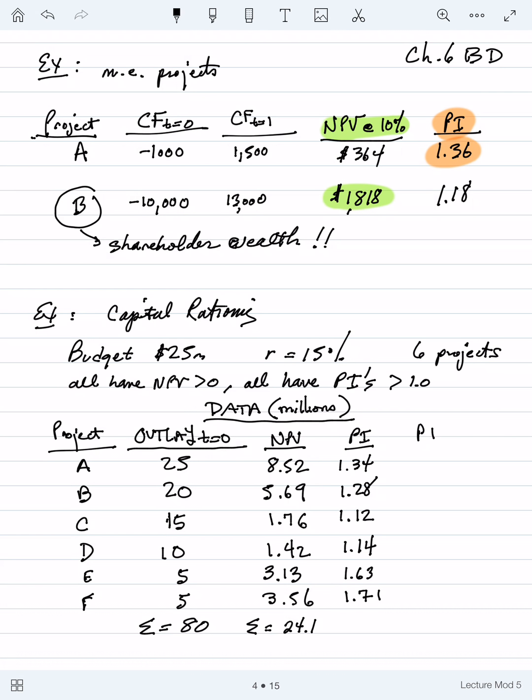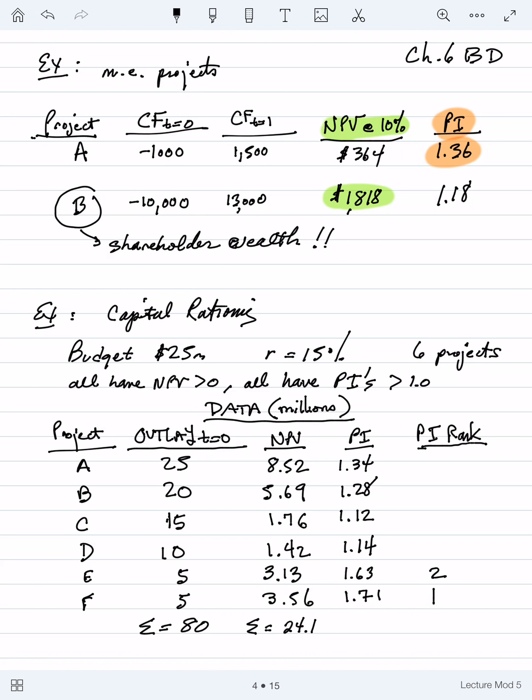Now look at the PI rank, profitability index rank. Just looking at what gives you the highest profitability index, the highest ratio of profit to cost, benefit to cost. F is ranked first, E second.